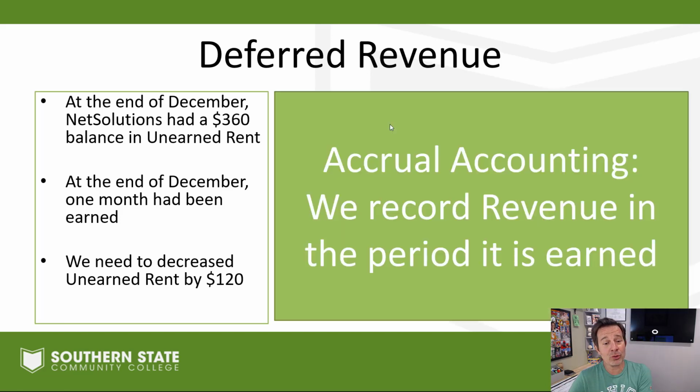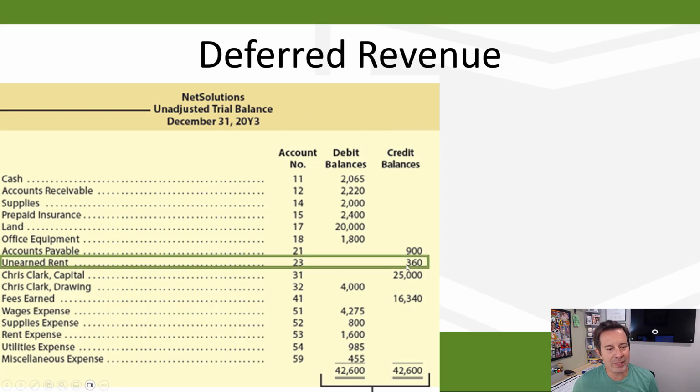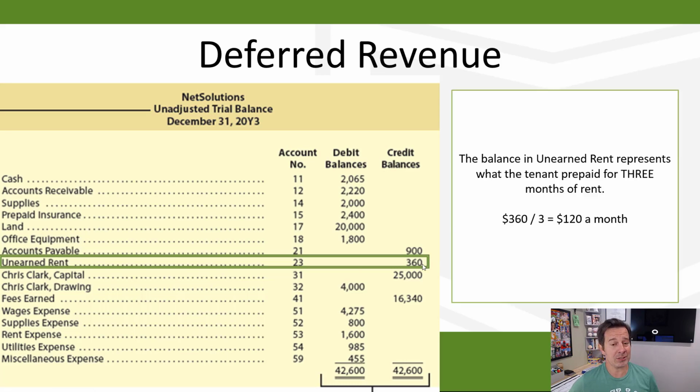And remember, under accrual accounting, we record revenue in the period we earn it. Even though we took the cash at the beginning of the month, we can't immediately recognize that as revenue until we have earned it. So, we go back to our unadjusted trial balance, and we see right there we've got unearned rent, a liability, credit balance, $360.